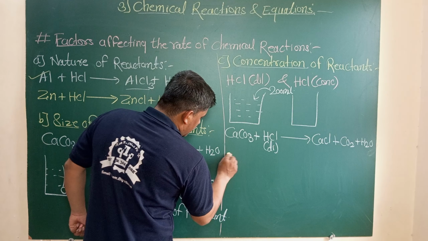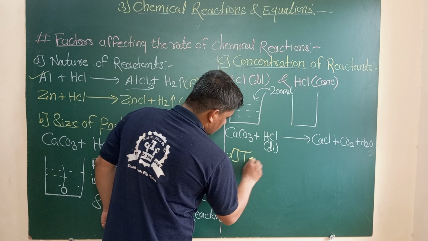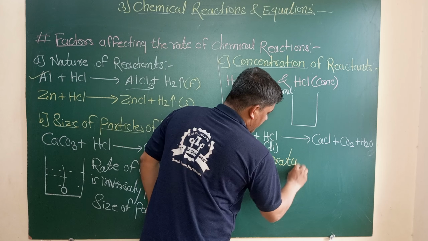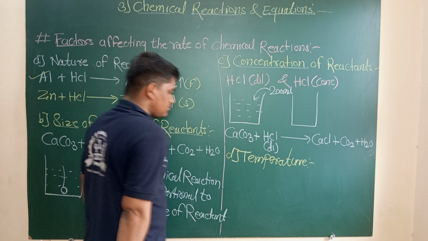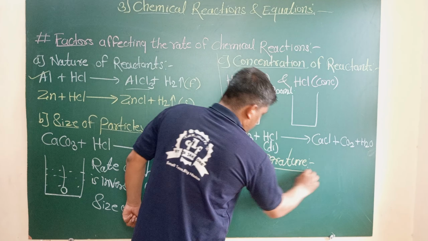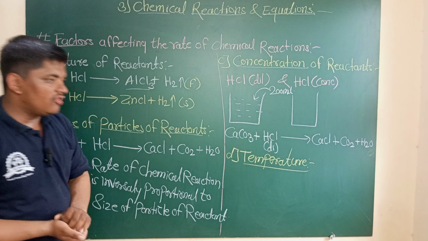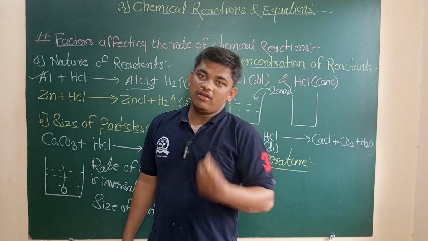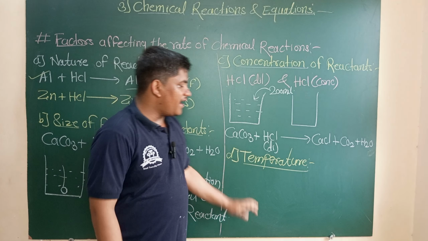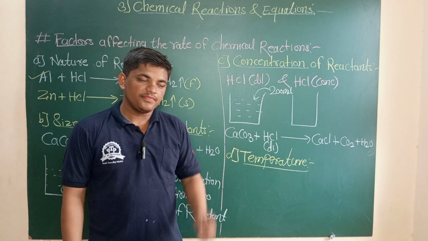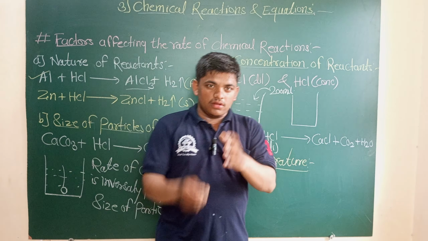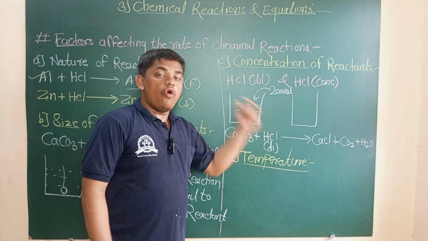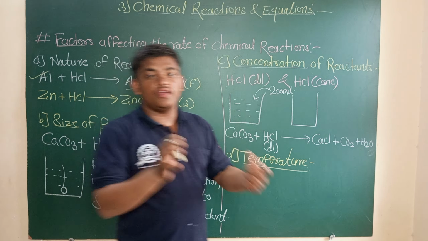Then the fourth one is temperature. Temperature is also a very important thing. When we make curd from milk on a winter night, it takes more time, the whole night, to convert the milk into curd.